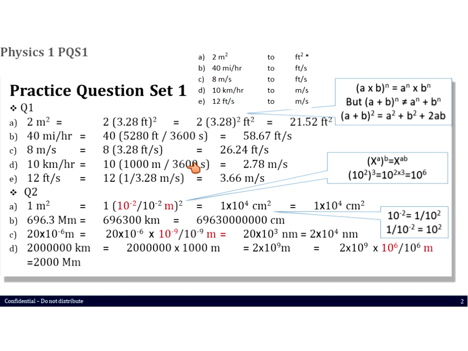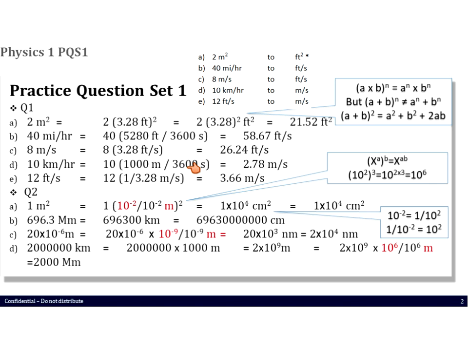12 feet per second, and you are to convert that to meter per second. There are 2 ways. One is that you need to have a conversion factor from feet to meter. But if you don't have that, then you already have the other conversion factor that is from meter to feet.